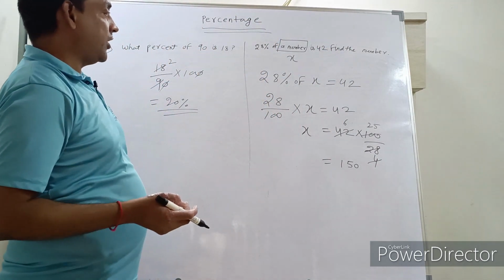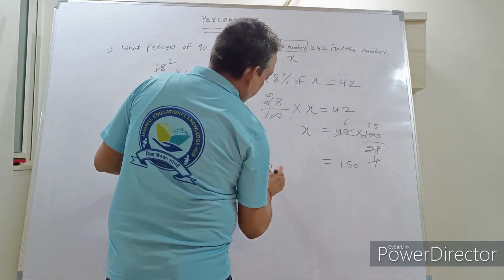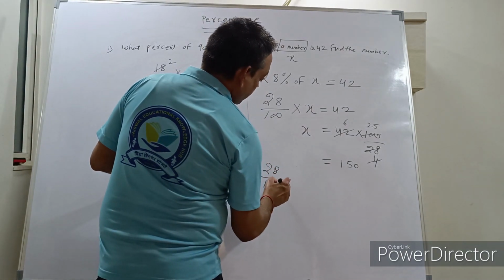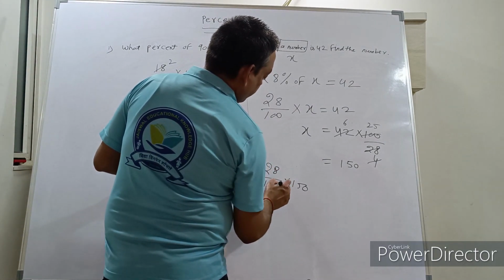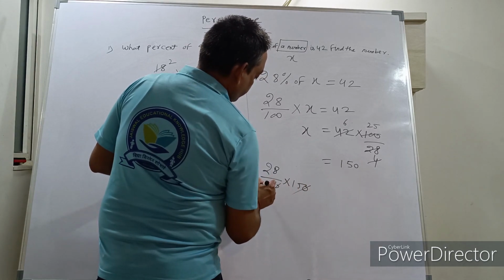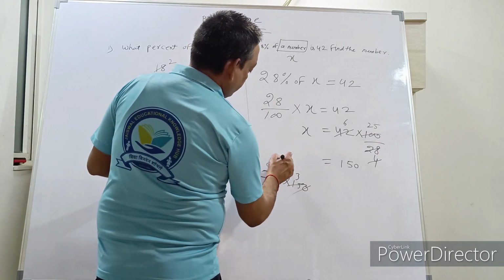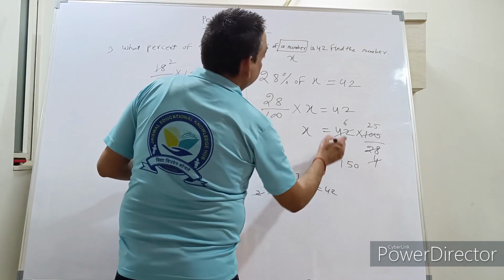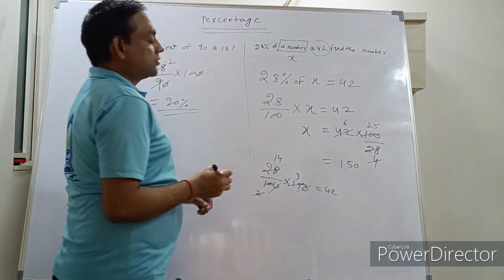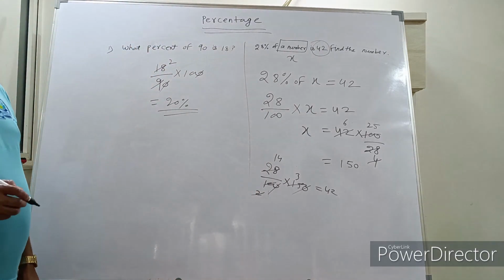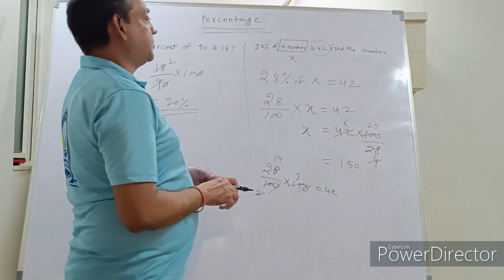To verify the answer, take 28 upon 100 into 150. That comes to 42, the same as the given number. So yes, the answer is right.